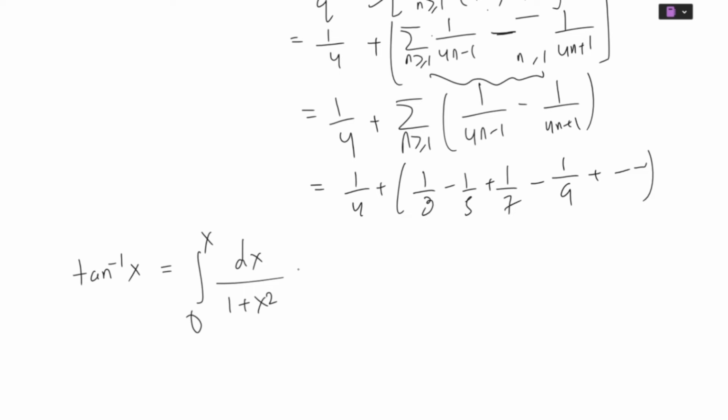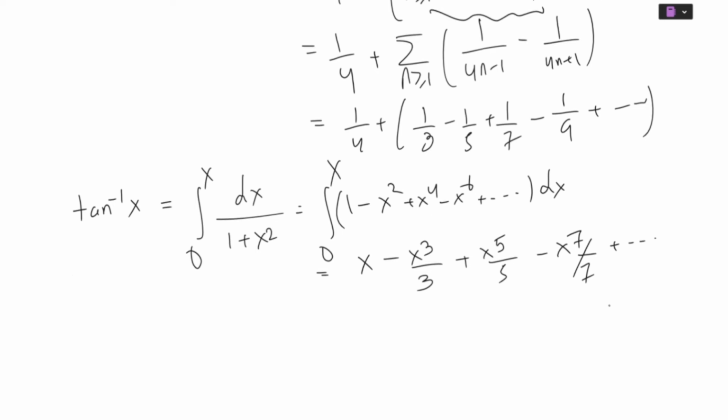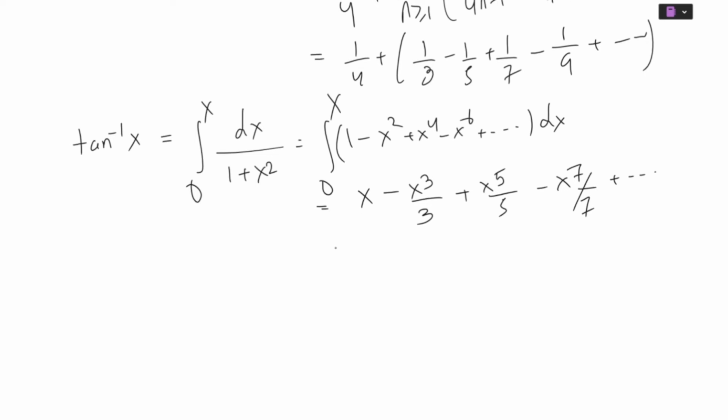Now, if x is between 0 and 1, 1 by 1 plus x square can be expanded as a geometric series with first term 1 and common ratio minus x square, and this simply becomes 1 minus x square plus x to the power 4 minus x to the power 6, and so on. Okay, this is dx, and therefore this becomes x minus x cubed by 3 plus x to the power 5 by 5 minus x to the power 7 by 7, and so on. So basically all the odd terms in the denominator with alternating signs.